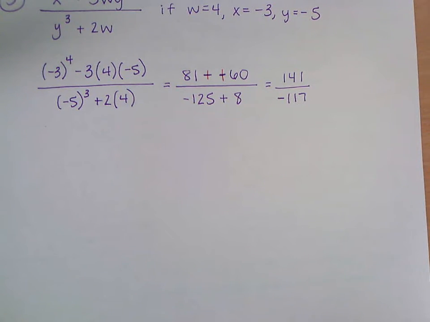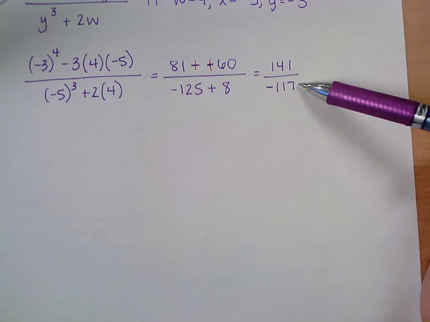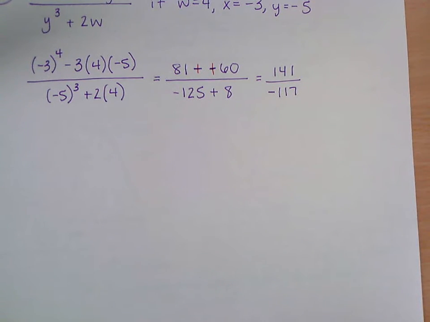Okay, and in Algebra 2, this might be different from in geometry. When it comes to fractions and decimals, you can always leave your answer as a fraction. Just make sure it's simplified. You can leave it improper, where the numerator is larger than the denominator. You do not have to change it to a mixed number.